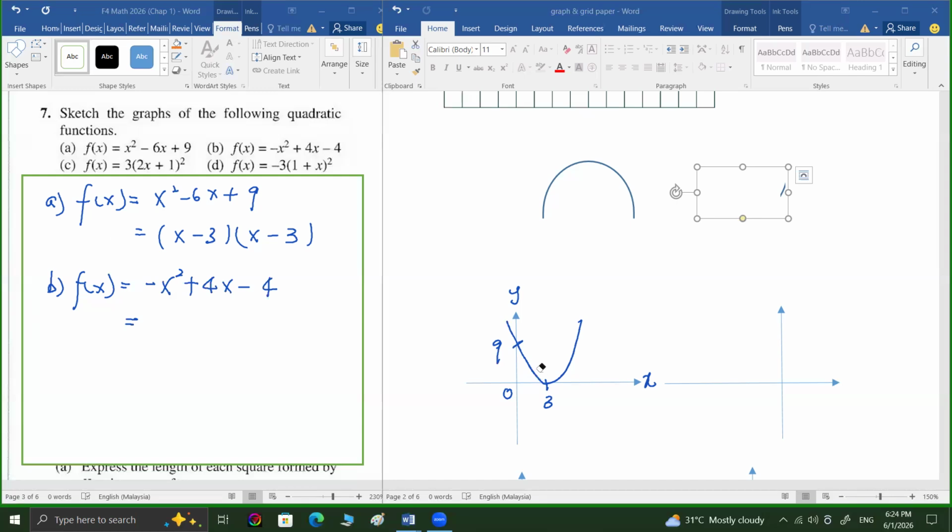Actually, what I have sketched here is not that good, a bit out. The diagram is not so nice, yeah. So you sketch it. I made a mistake again. So this one 3, this one 9. You check yours.